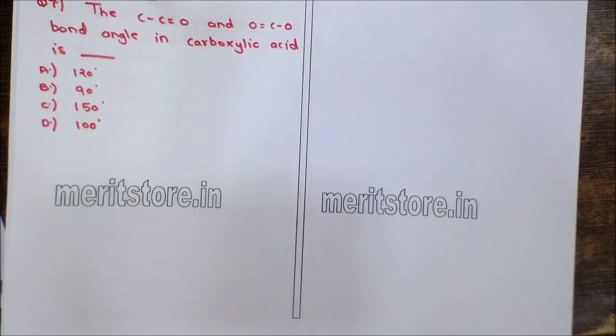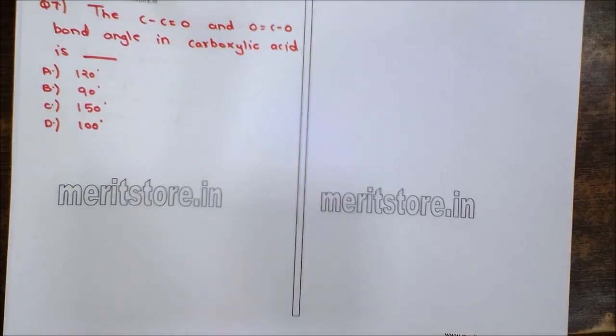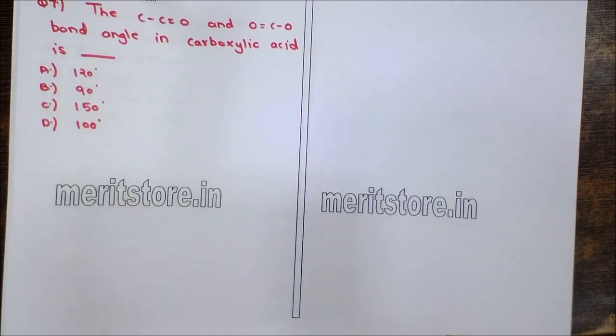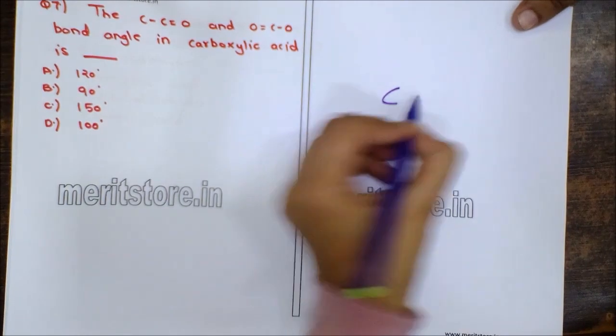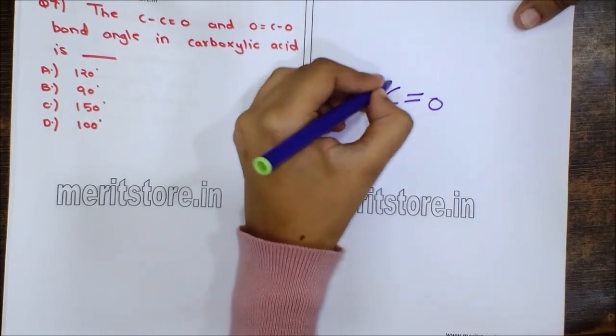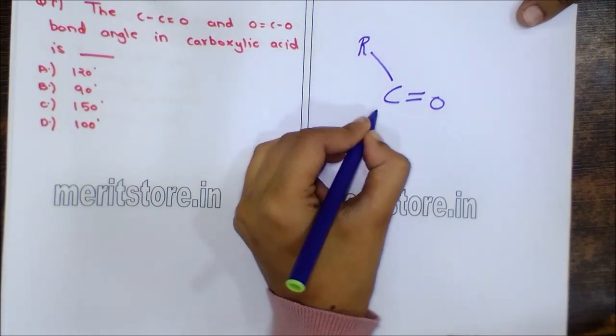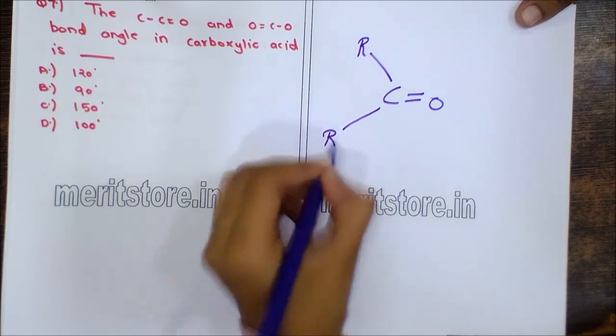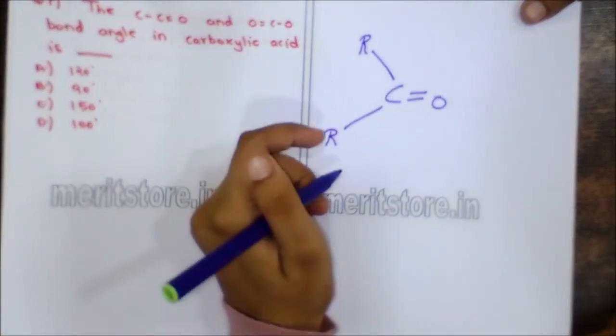Question 7. The C double bond O and the O double bond C-O bond angle in carboxylic acid is: A. 120 degree, B. 90 degree, C. 150 degree, D. 100 degree. So if I make this, this is my functional group and these are the carbons or hydrogens attached to it.